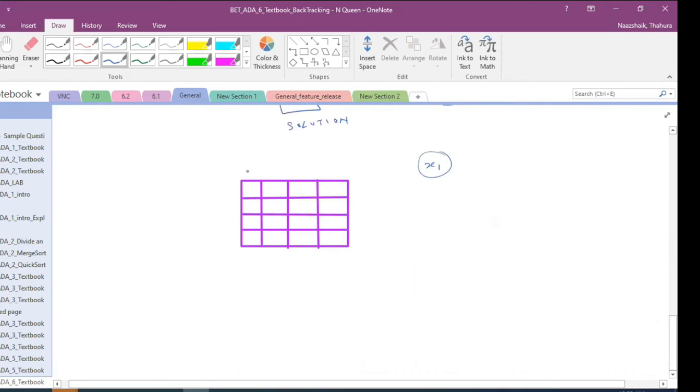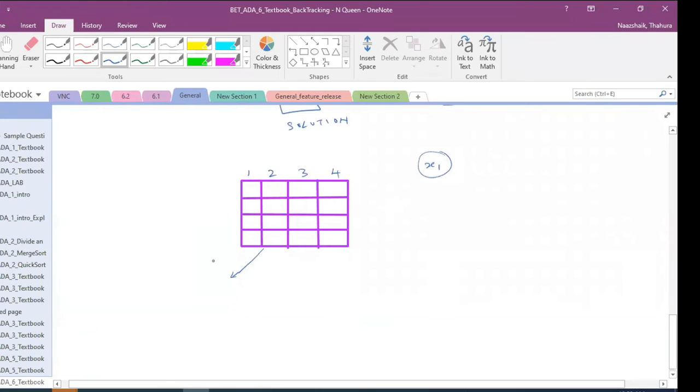I can place x1 here, in column 1, 2, 3, or 4. So I have 4 choices.